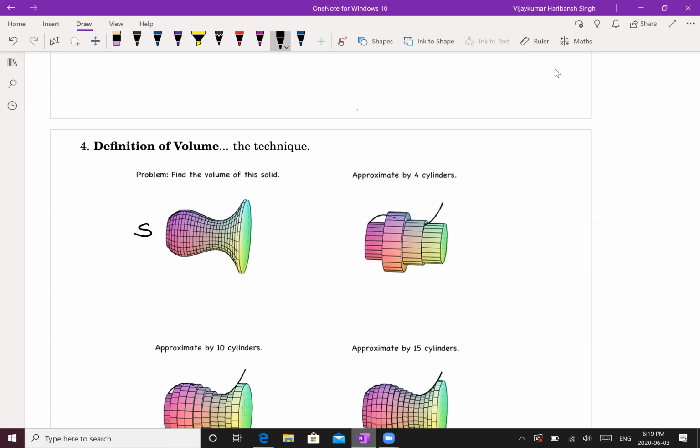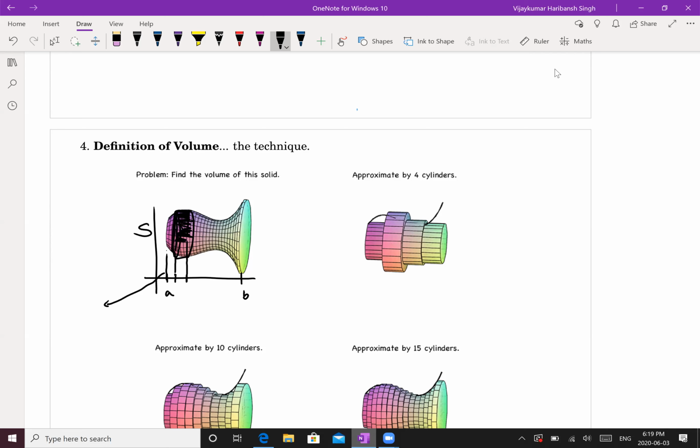So what you do is, you can divide A to B into some intervals, and in each of the intervals, you're going to approximate it by a cylinder. Okay, so it will be like a cylinder of this form.